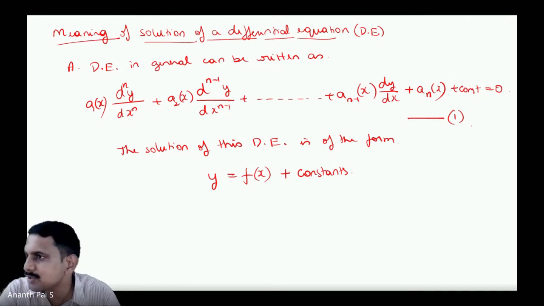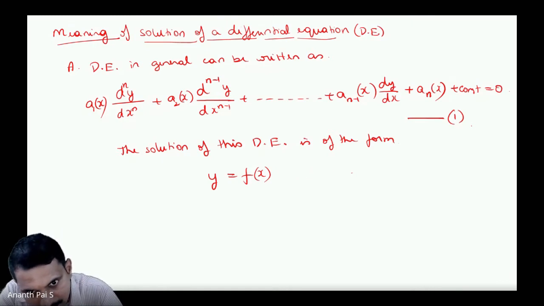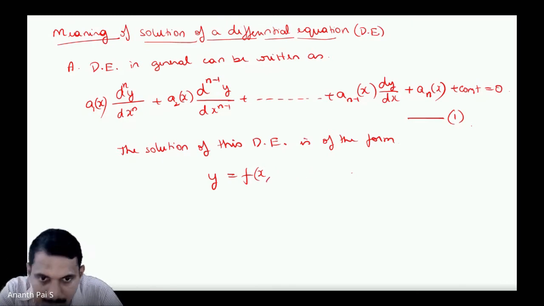The number of constants which can come... let me not write it like this. Let me write it as f of x comma constants.